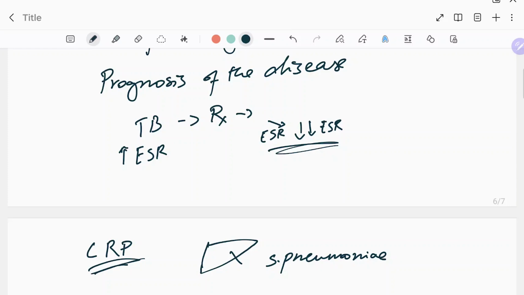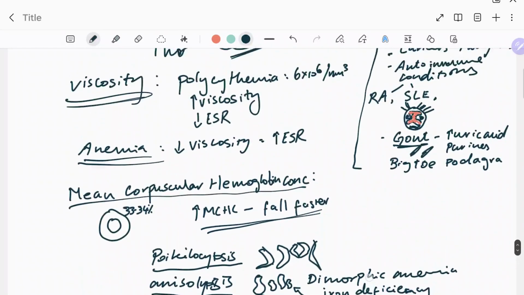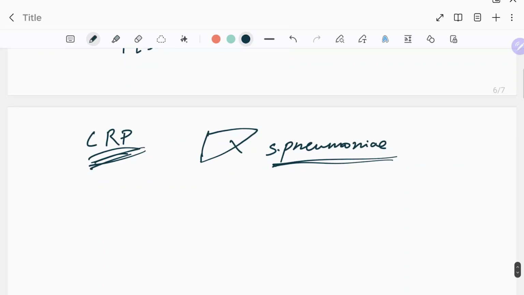It's not an antibody or anything, it's just a special protein for that, but it's secreted in other inflammatory conditions. So in these inflammatory conditions, heck, even COVID-19, when people had COVID-19, they used to look at the C-reactive protein level, CRP levels in those people to see their prognosis.